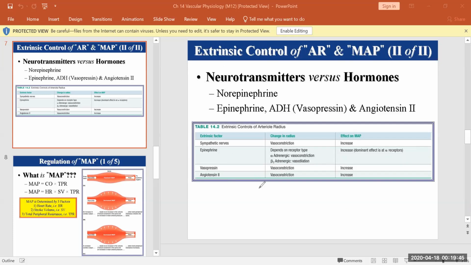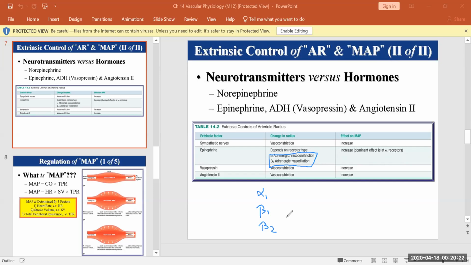The other thing that I want to emphasize is the different responses for the different adrenergic receptors, alpha and beta. So we're going to go back to that later. So put that on the back burner. We're going to focus on alpha 1, and we're going to focus on beta 1 and beta 2.